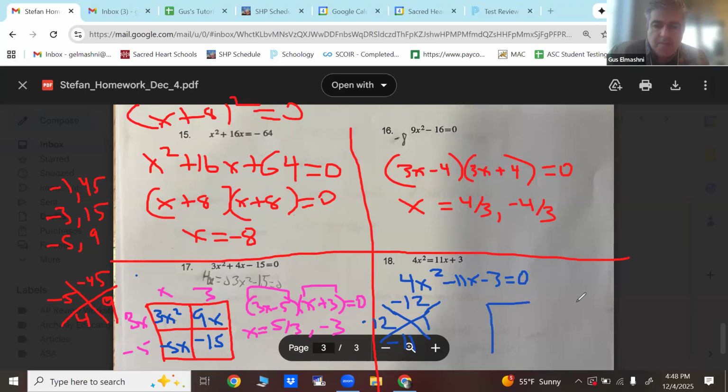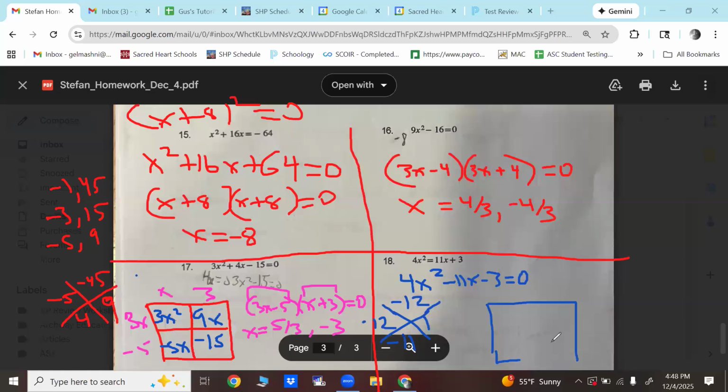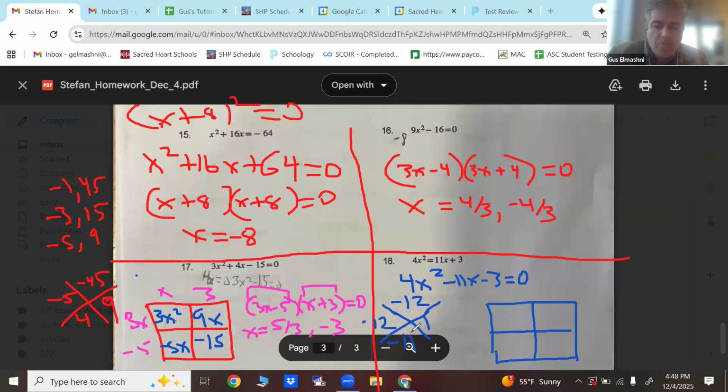Remember, we do our box. So again, being incredibly consistent here. Okay, so let's put 4x squared.